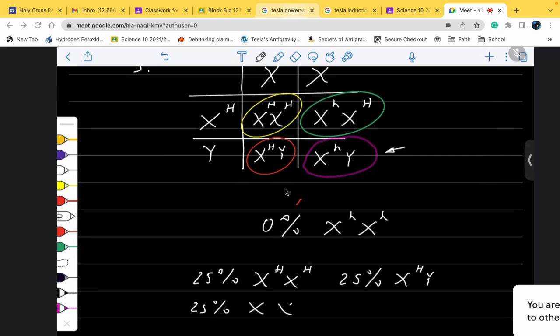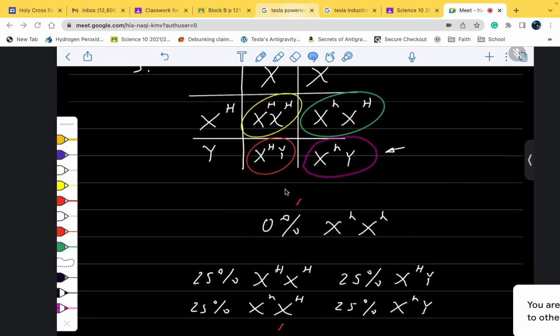X, X, little h, big H. And then 25% X, little h, Y. The only hemophiliac possibility is the young baby boy. And then 0, again, for what I wrote above. Zero chance of getting a baby girl who's a hemophiliac. Okay? So that's the genotypes.